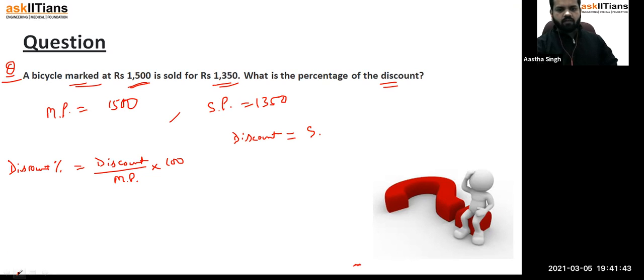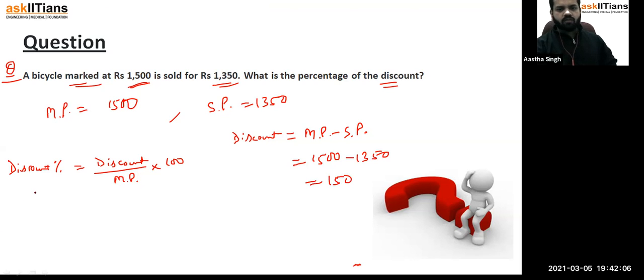We have already studied this. What is the market price? Market price is 1500 minus selling price 1350. You will get 150.